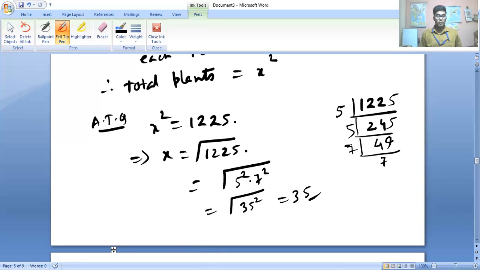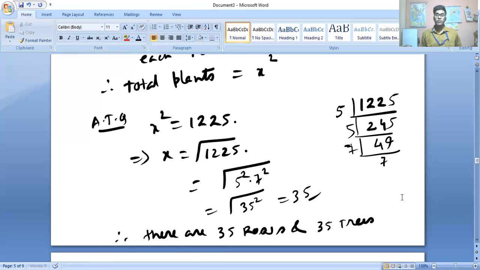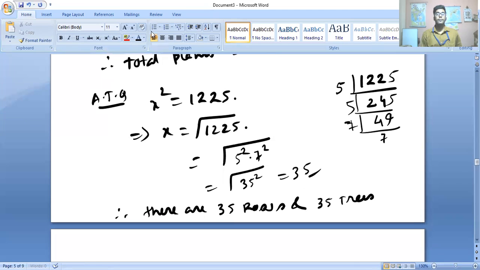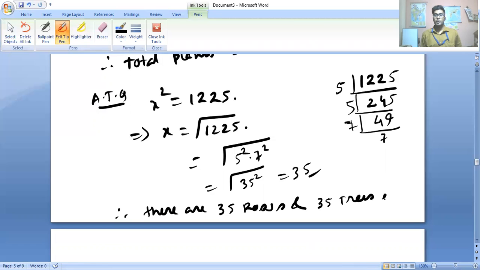Therefore, there are 35 rows and 35 trees in each row.